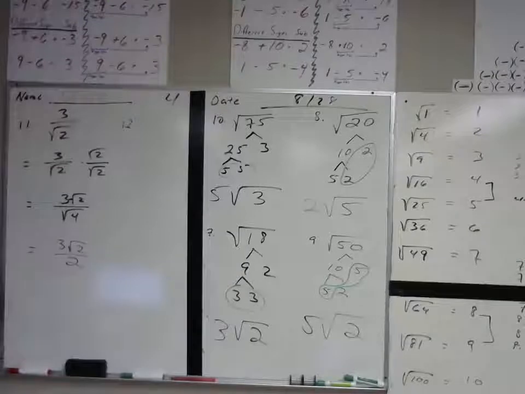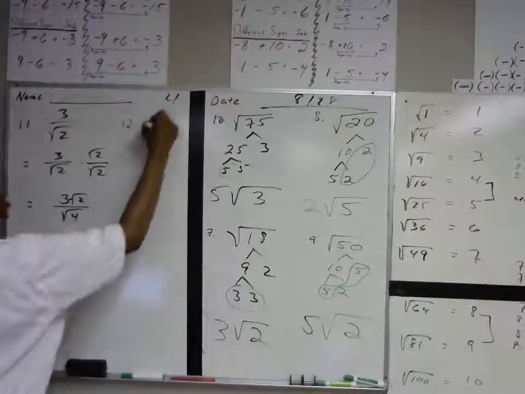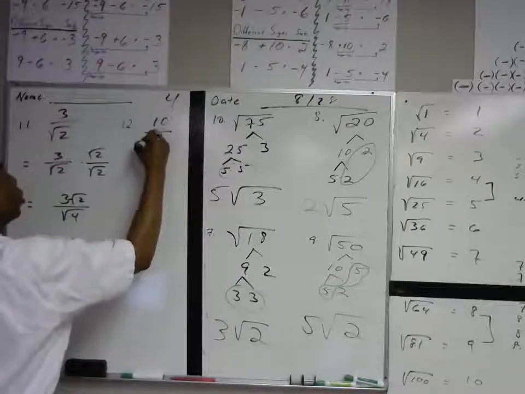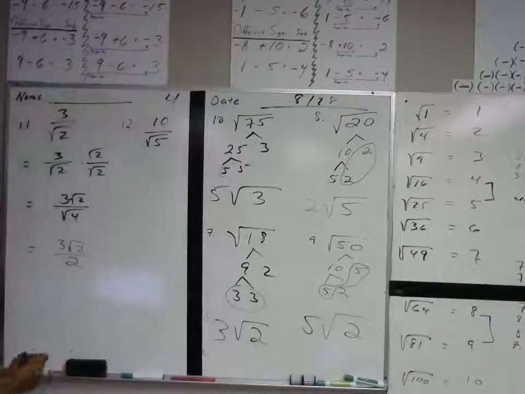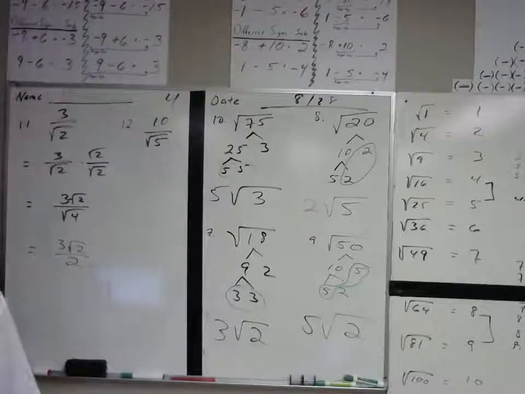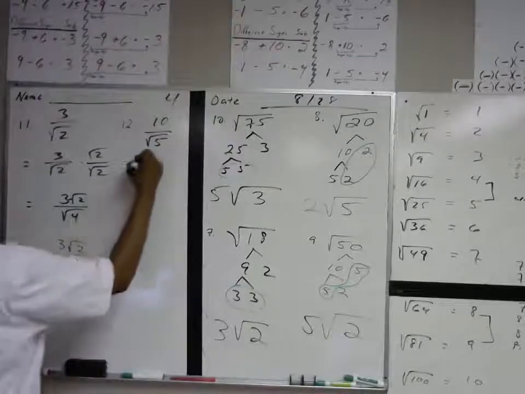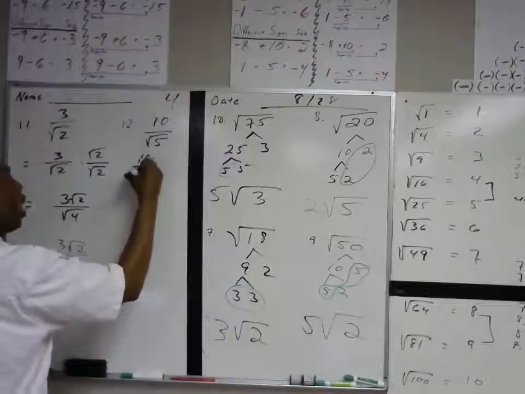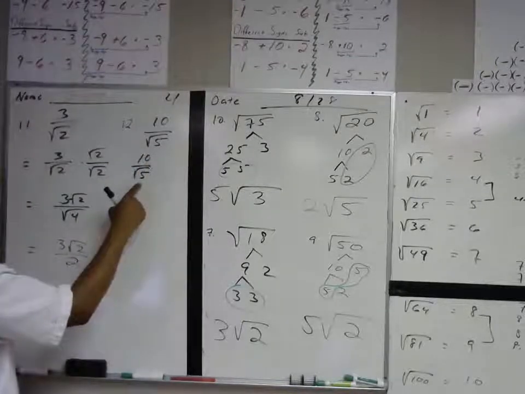Number 12, we have a 10 over the square root of 5. And we want to get rid of the square root of 5 because we don't want that square root down there. So we write 10 over the square root of 5 again underneath.